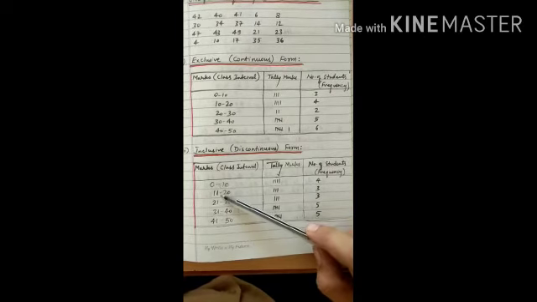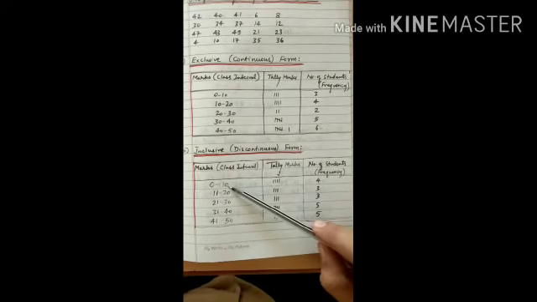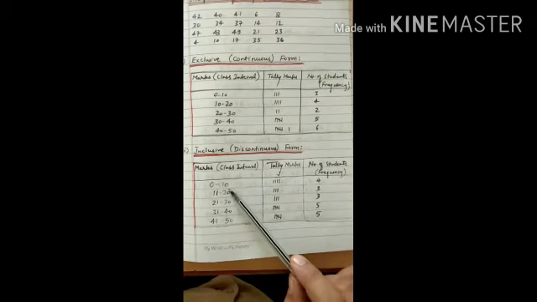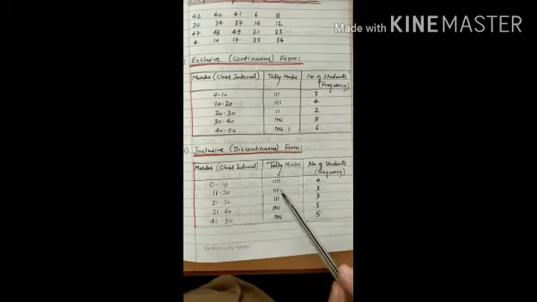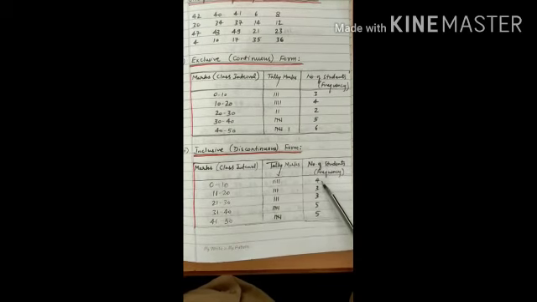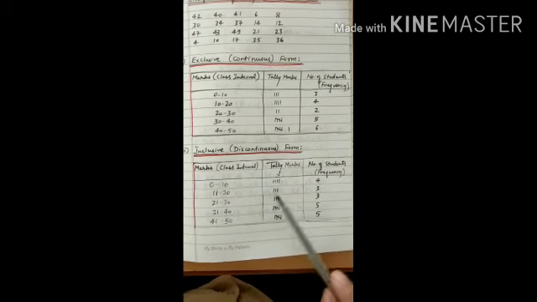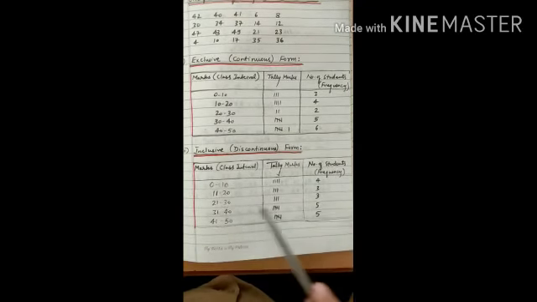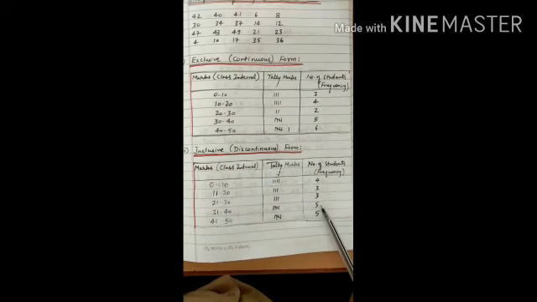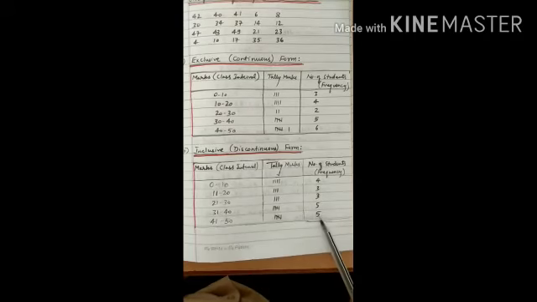In 0 to 10 there are 4 values because in this we will count 10 also. There are 4 values, 4 tally marks and frequency 4. In 11 to 20 there are 3, frequency 3. In 21 to 30 there are 3, frequency 3. In 31 to 40 there are 5, frequency 5, and in 41 to 50 there are 5, frequency 5.